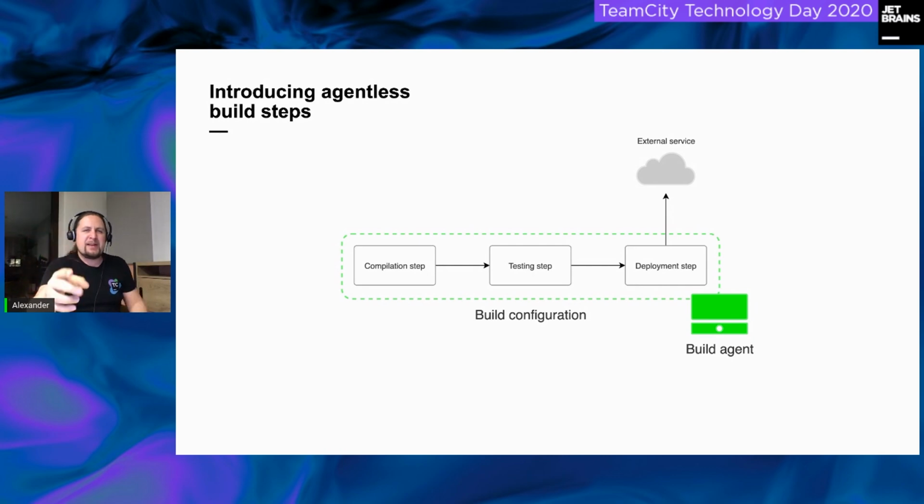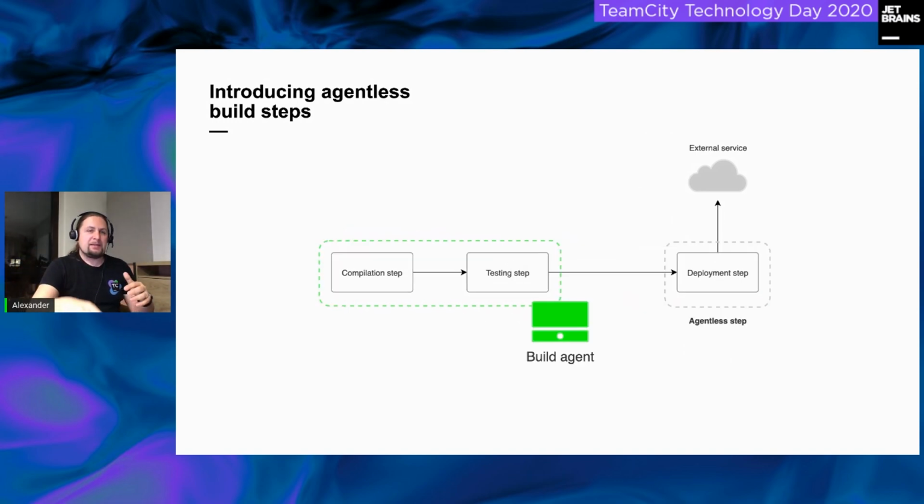And this build agent will remain unused because it will have to wait for this external job to finish. And wouldn't it be cool if it was possible to execute external jobs without occupying TeamCity build agents?